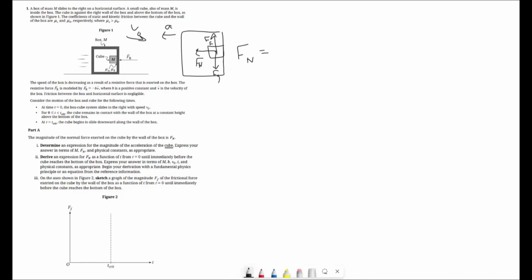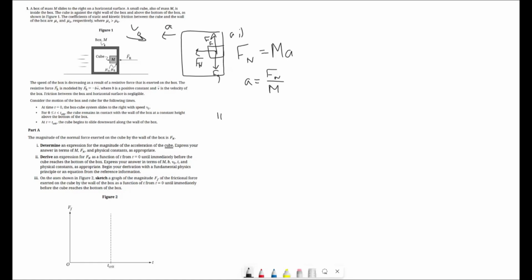The mass of that cube is capital M, and the acceleration we'll just call a, because that's what we're solving for. So pretty simply, the acceleration of the cube is the normal force divided by mass. That's all we have to do there, because it tells us we can keep our answer in terms of that. That's the answer to part A, 1.